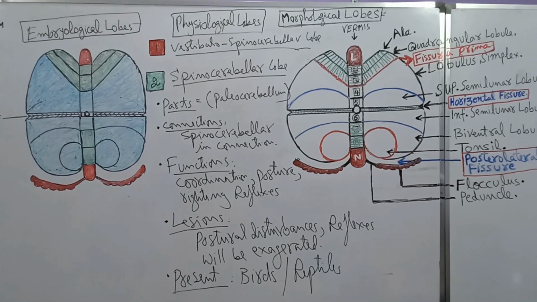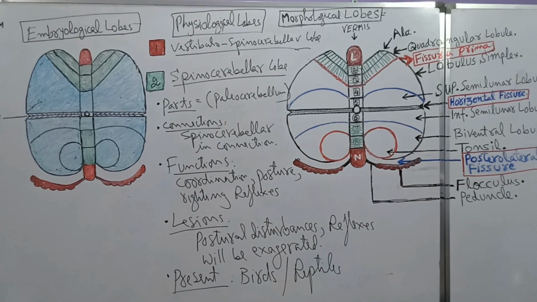It is in connection with the spinal cord, so it is spinocerebellar connection. Its functions are coordination, body posture, righting reflexes. When this paleocerebellum or its connections are damaged, it will result in postural disturbances and the reflexes will be exaggerated. Apart from human beings, it is also present in birds and reptiles. This was about the second physiological lobe.